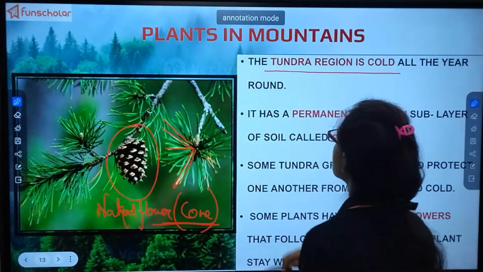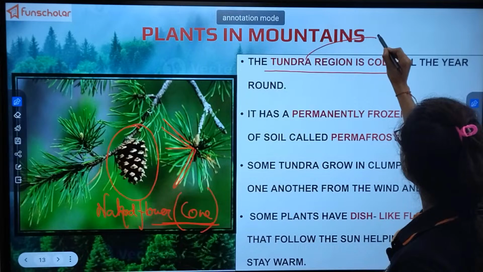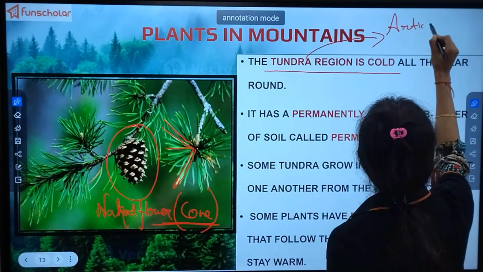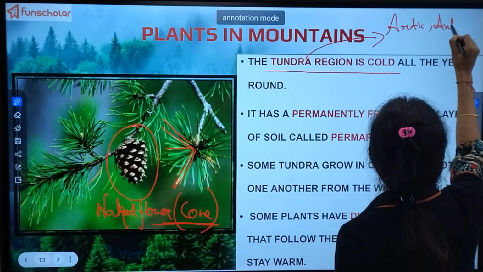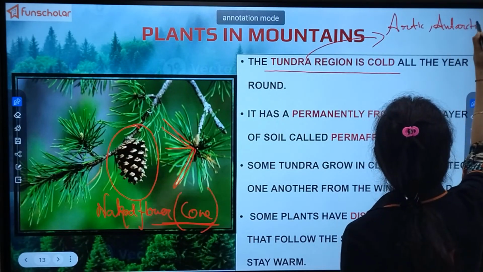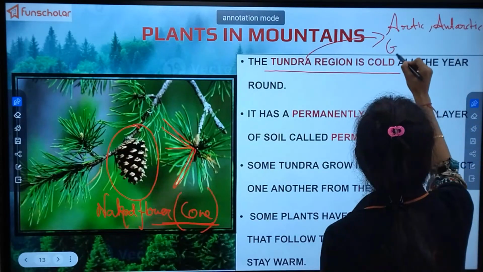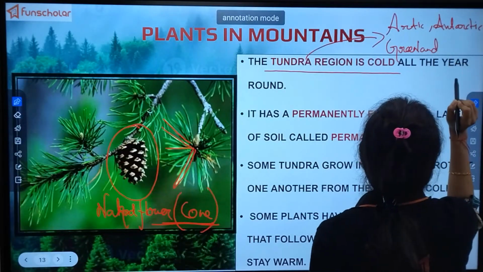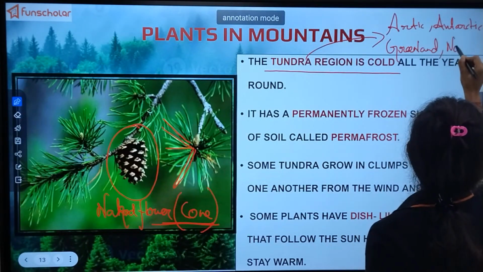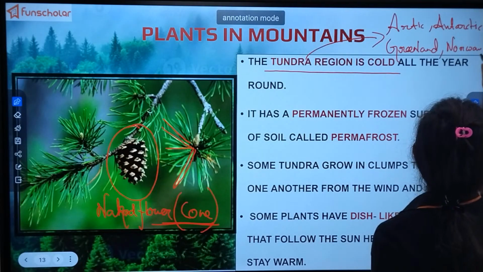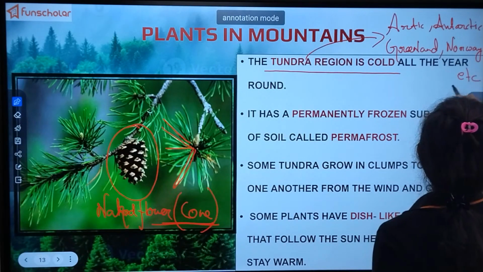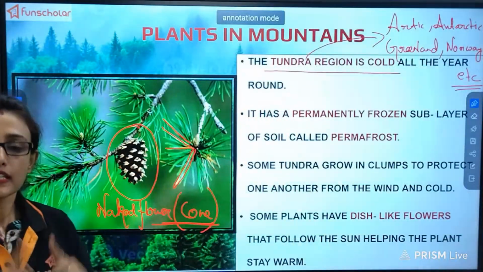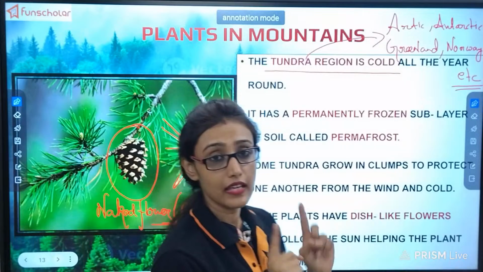What is tundra region, ma'am? Tundra region includes Arctic, Antarctic, Greenland, Norway, etc. The places where throughout the year it is very cold.